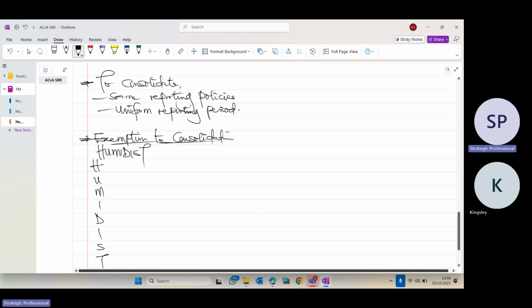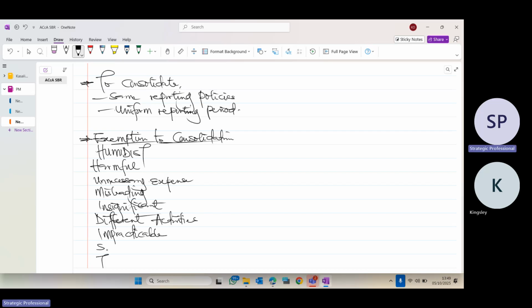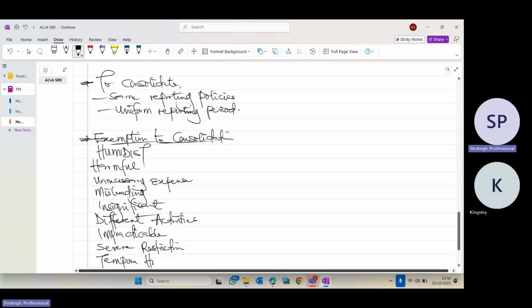H means harmful, U means unnecessary expense, M means misleading, I is insignificant, DIF stands for different activities, second I stands for impracticable, S for severe restriction, T stands for temporal holdings.